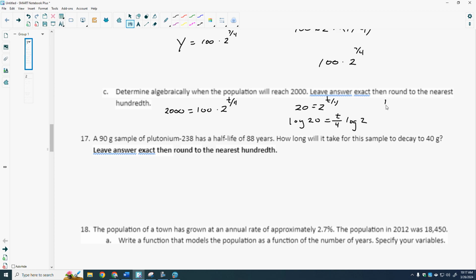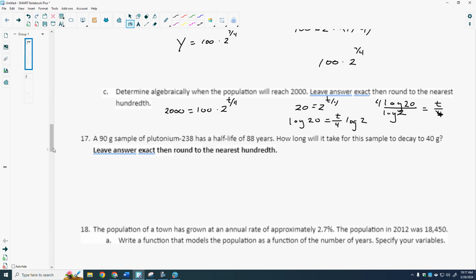Divide by log of 2. Undo division by multiplying, so we'll times by 4. Okay? Type that in the calculator. You should come up with 17.29 hours.